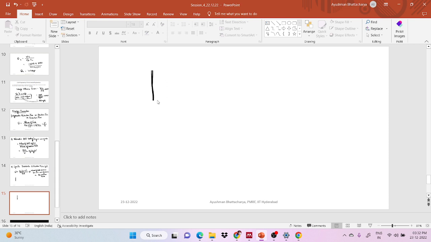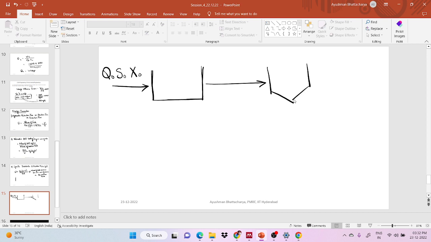Whatever terms I am mentioning, it will be easy for you to follow. So this is an aeration tank. Q naught, S naught, X naught. Now this is going to the secondary sedimentation tank.